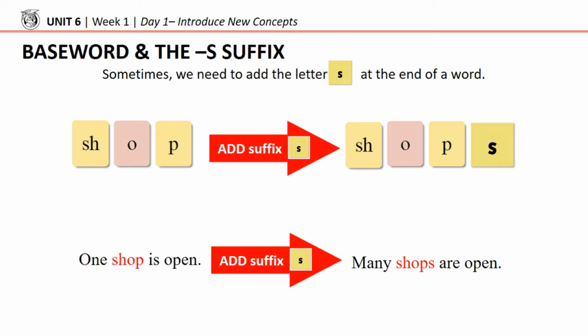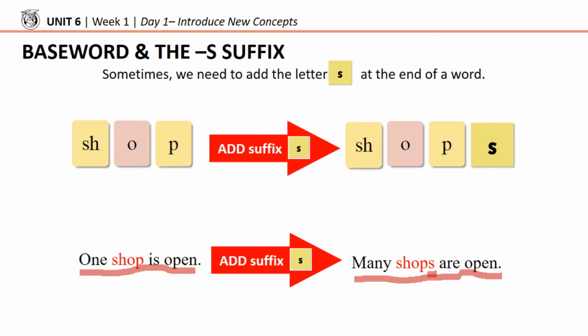Now, here is the word shop without the S. One shop is open. All right, so we have one shop is open. But when we add the letter S to the word, it goes, many shops are open. Now, did you see what we did?